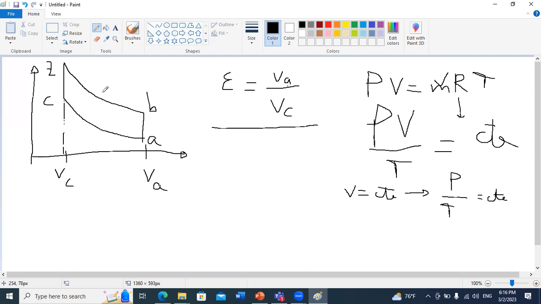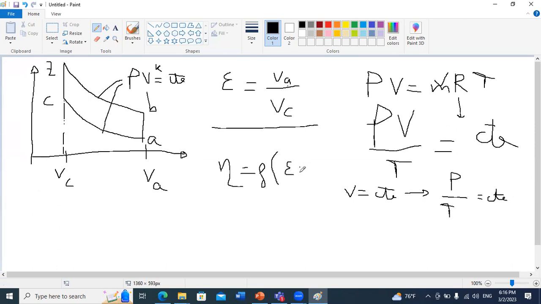For adiabatic phases, you can use PV^k equal constant. Very good. Okay, so let us try together to express the efficiency. The question will be the following: find the efficiency of your system as a function of epsilon and k.